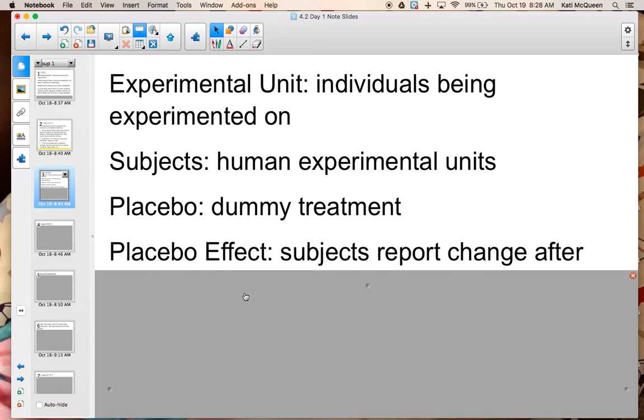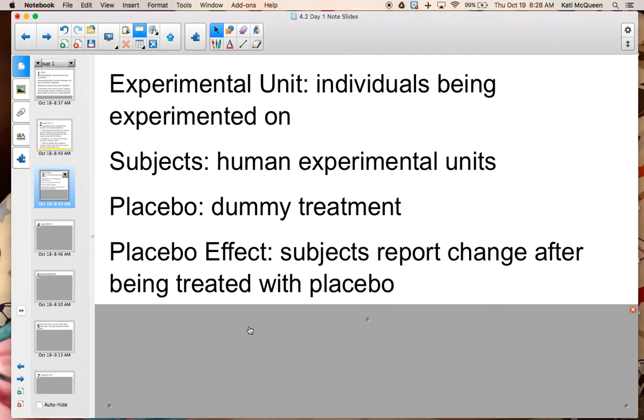And the reason we do something like that is because of the placebo effect. So sometimes people think just because they're taking medication that something is going to get better or something about their body is going to change. So sometimes it's consciously, like I'm taking this, so I'm definitely going to feel better in a few hours.